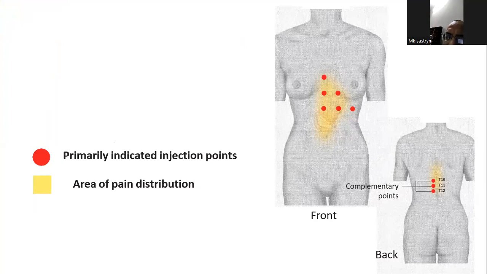Now you can see how far acupuncture and pain distribution through local anesthesia is almost very common. Only we do not know how to correlate it. So I correlated it.